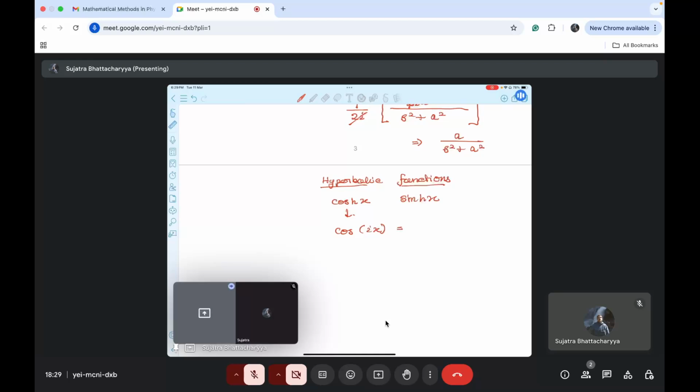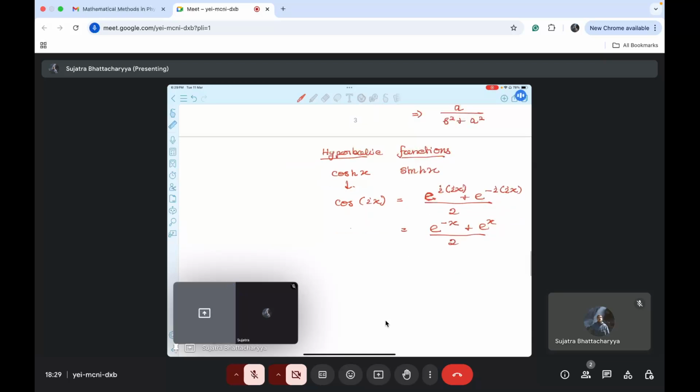We have just now seen: e to the power iota times iota x plus e to the power minus iota times iota x, divided by 2. Right? This is the definition. So just put it, iota square becomes minus, again iota square becomes minus, this becomes plus, divided by 2. So cos hyperbolic x is e to the power x plus e to the power minus x divided by 2.